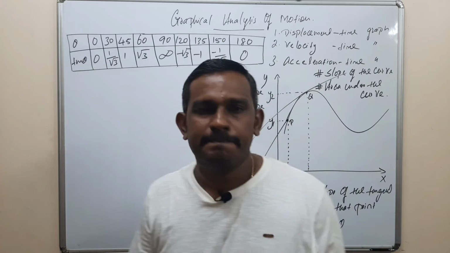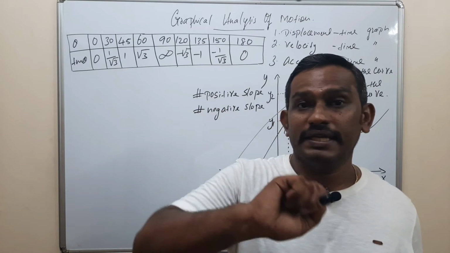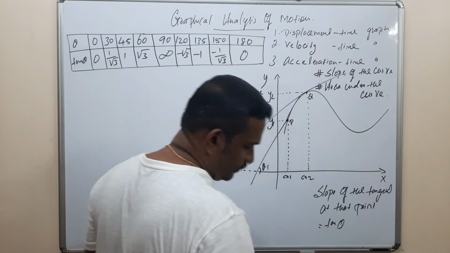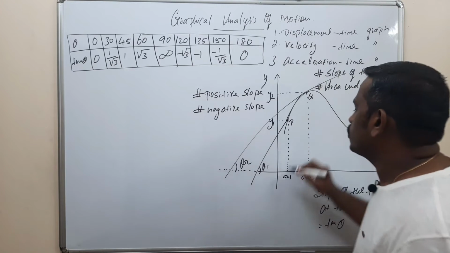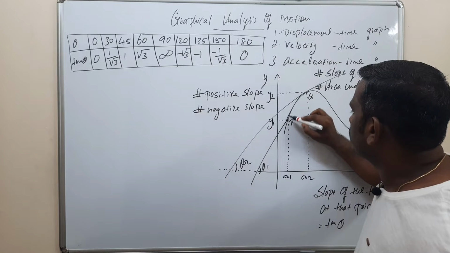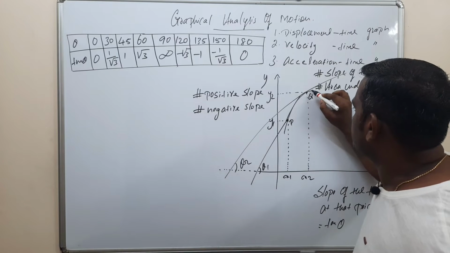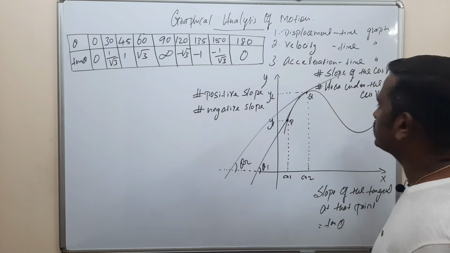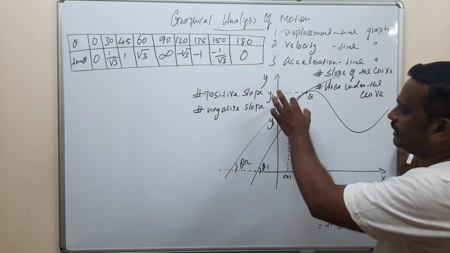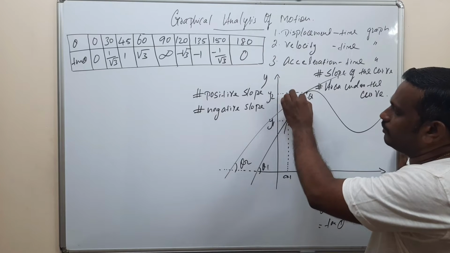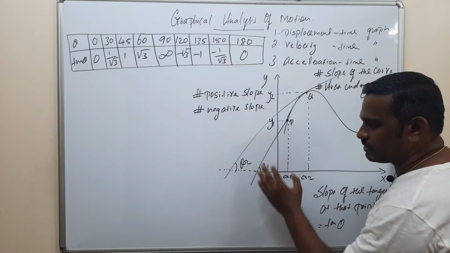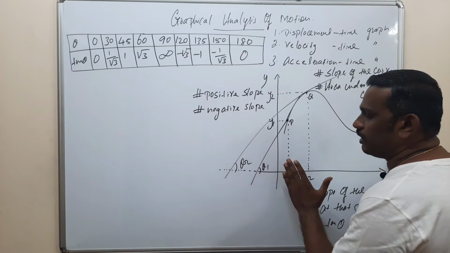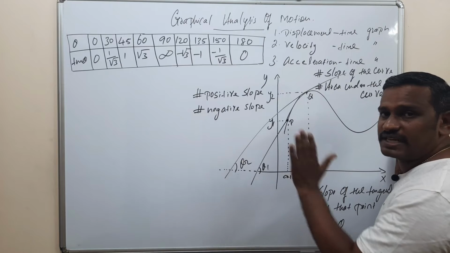Or otherwise, the tangent drawn for the curve in the increasing portion of the curve. When you consider this curve, this is the increasing portion; the curve is increasing. At this point it reaches the maximum, and in this portion the curve starts to decrease. In the increasing portion I have drawn two tangents. Perpendicular means 90 degree. Angle is always measured in the anti-clockwise direction.